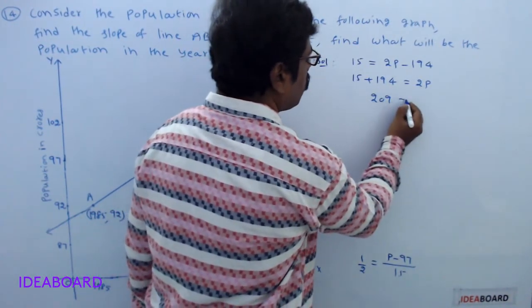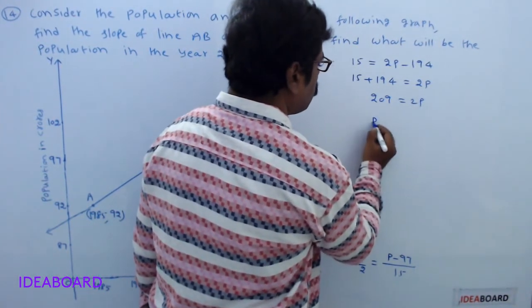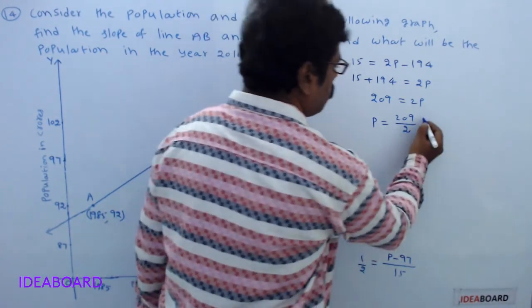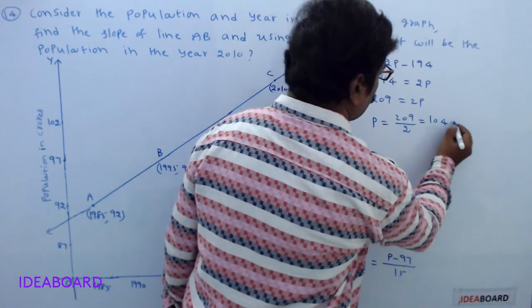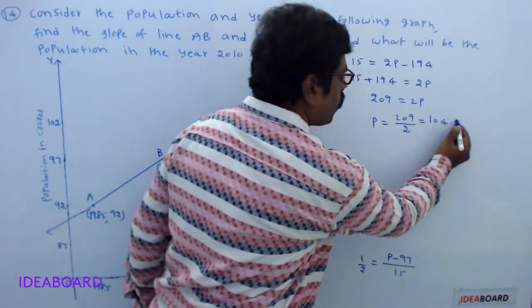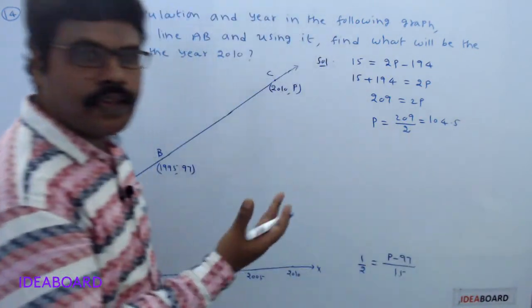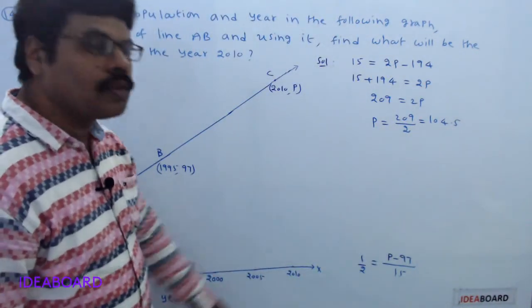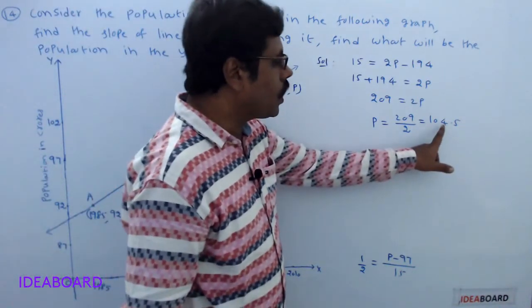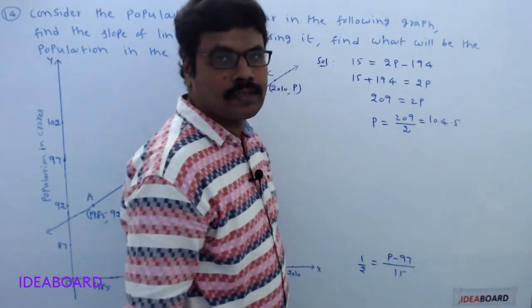It is 209 equals 2P. Therefore, P equals 209 divided by 2. It is 104.5. So, P value 104.5. It means in the year 2010, the corresponding population will be 104.5 crores.